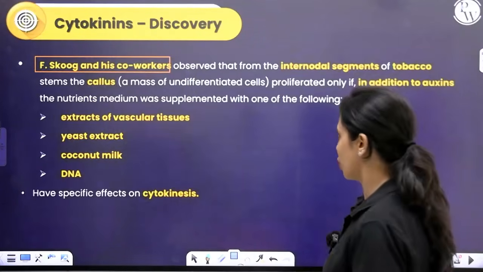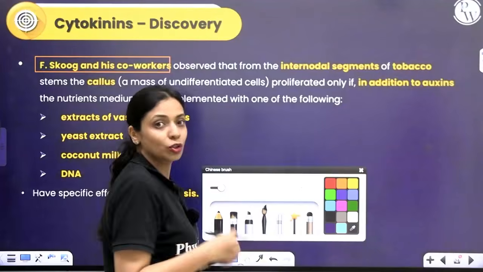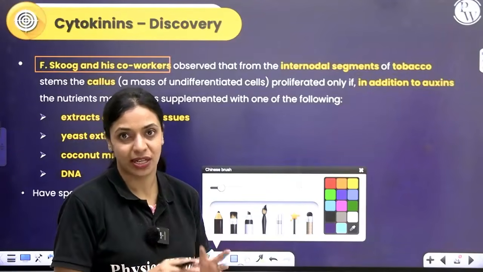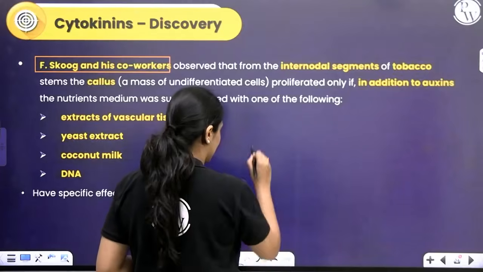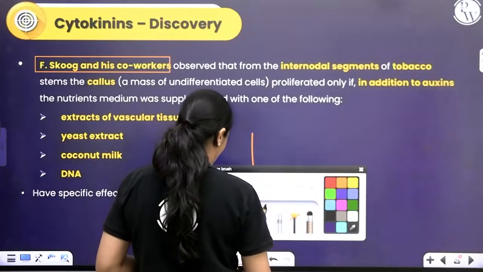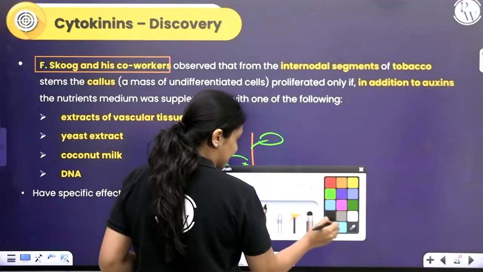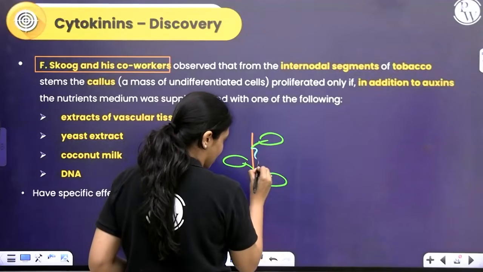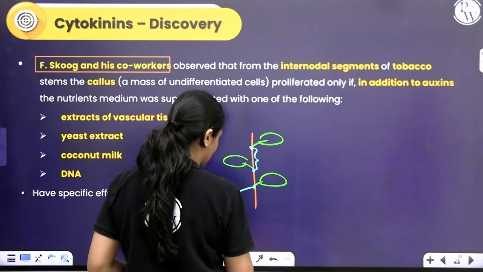What they noticed was they were working on getting tobacco plants from tobacco stem alone. See, if this is like a tobacco plant, this is the stem. You have the leaves arising from here, let's say. Wherever the leaf arises from, that point on the stem is called the node.